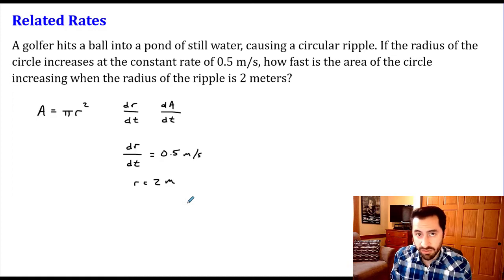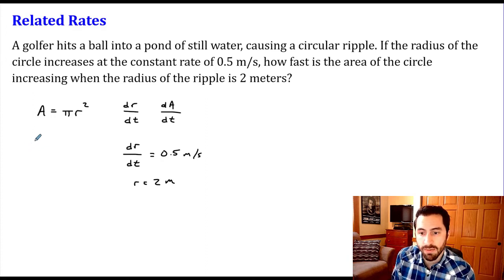Okay, so now that we have everything defined, we know what we want to solve for. It's asking how fast is the area of the circle increasing. So we want to solve for the derivative of our area. So let's go back to our original equation. We decided we're going to use the formula for area of a circle. First step, we're going to differentiate this entire equation with respect to time.